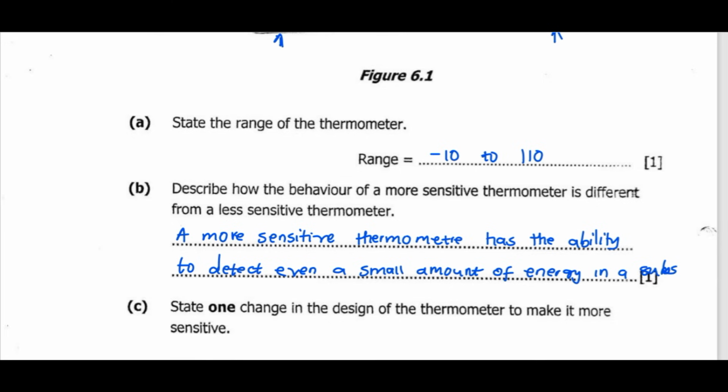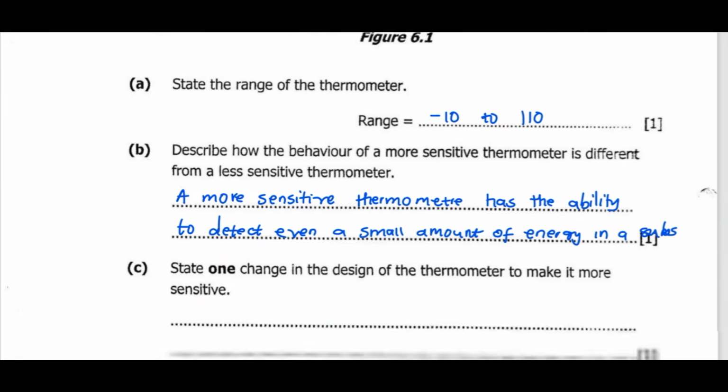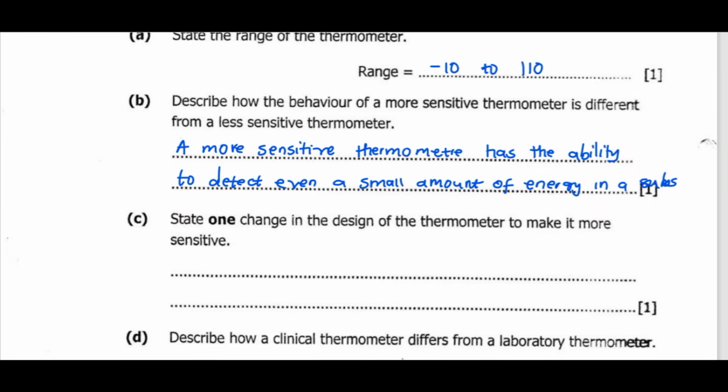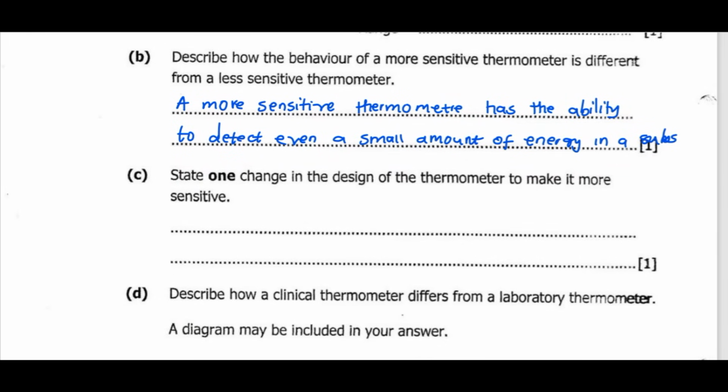Like it can detect a negative temperature. So thermometers that detect negative temperatures, they are more sensitive.